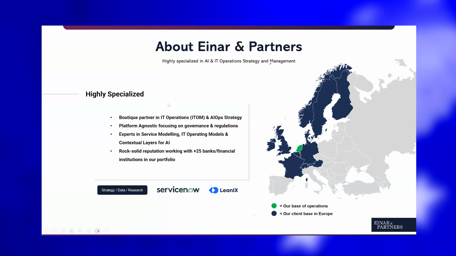But perhaps more importantly, and why we are here today, is because we've now the past 3-4 years worked with over 25 different banks and financial institutions, which we're very proud of having in our portfolio. And it's really through that work, together with our research, that we've been able to create excellent expertise in the topic of DORA.